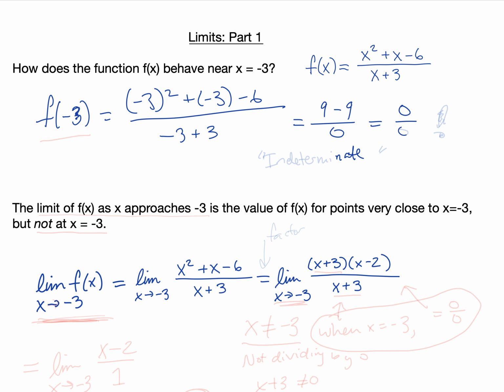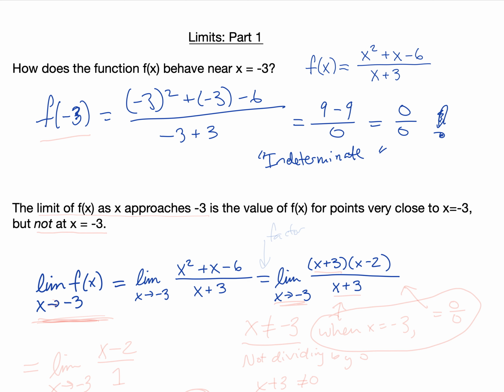That's 0 over 0. And we already know that that is sort of bad. So that is an exclamation point saying we're worried about this. This is called an indeterminate form. And so if something is equal to 0 over 0, we don't really know what's happening.